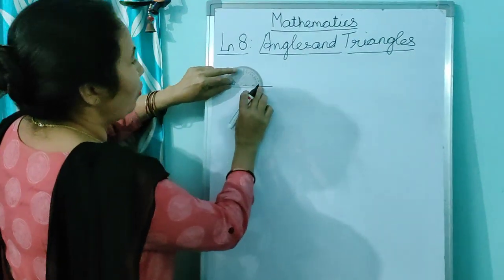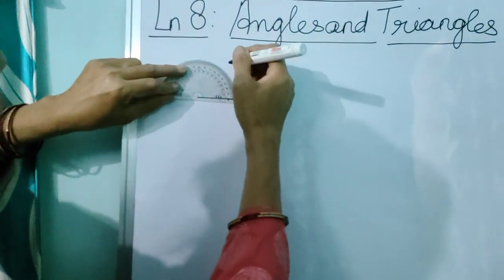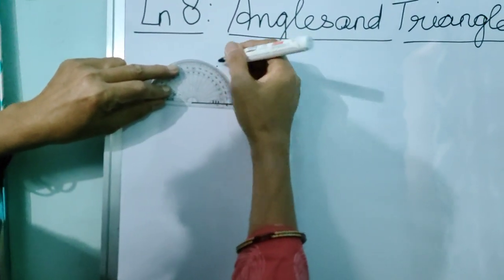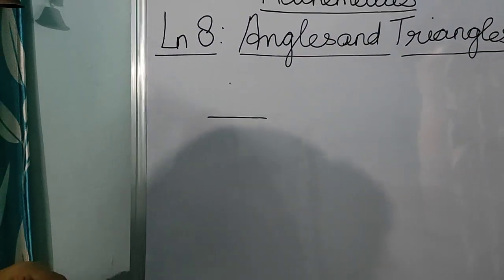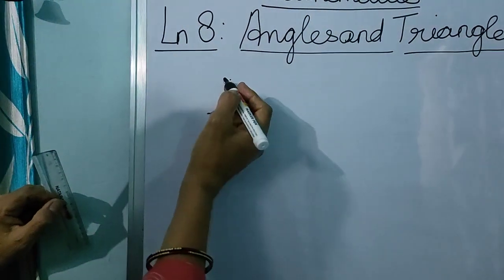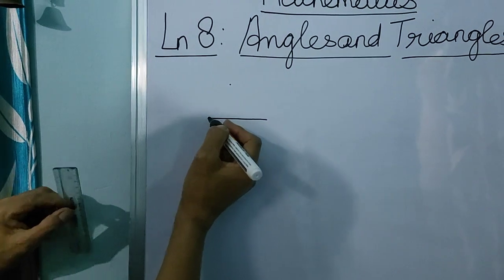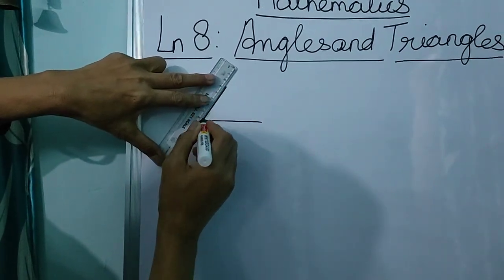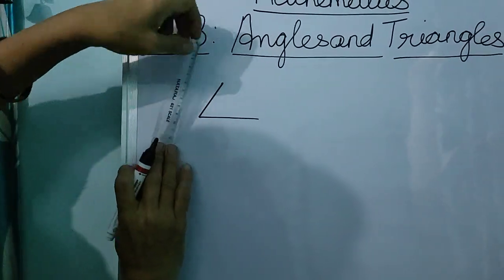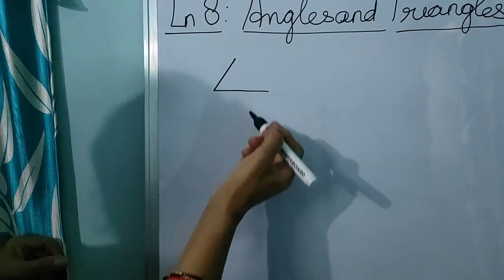You will place it on the line and you will measure it like this. You will put a point here. Now with the help of the ruler, you are going to join this point to this point and you will draw like this. Now children, you have drawn the angle.